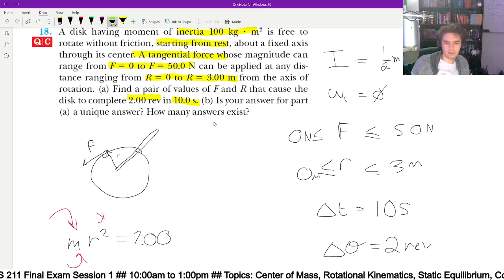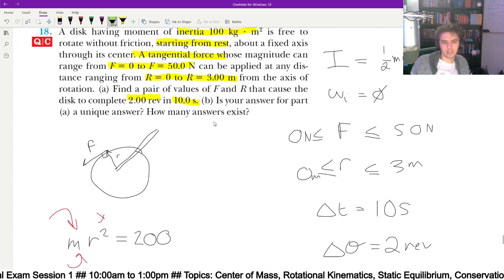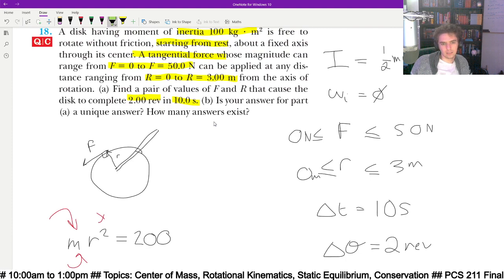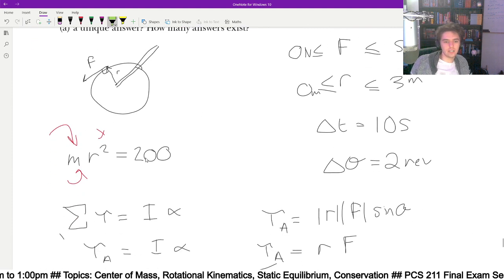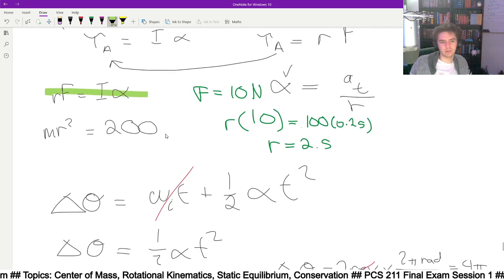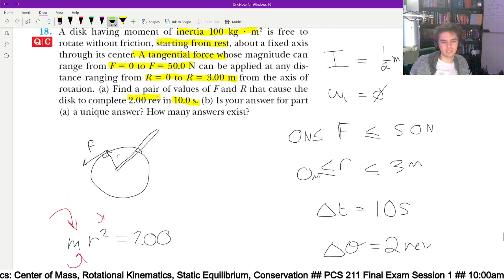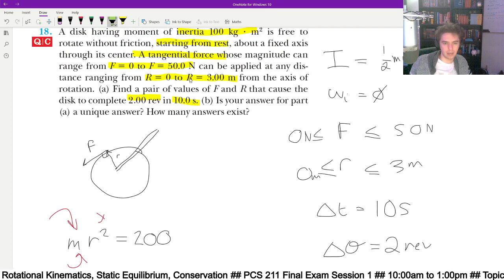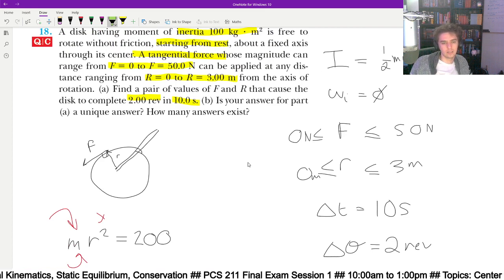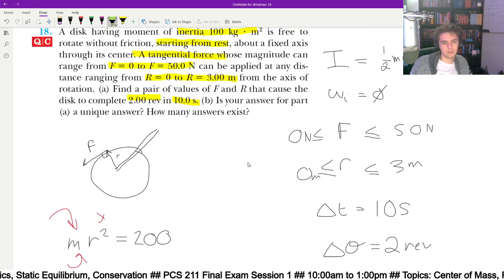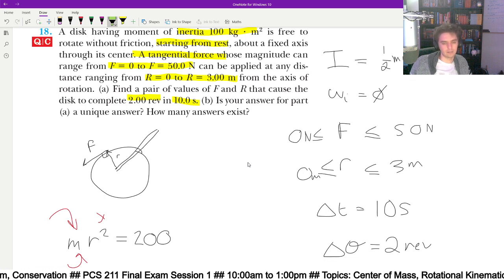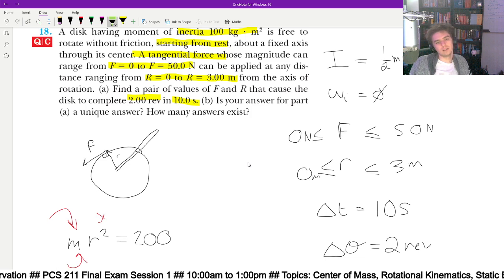Is my answer for A unique? No, it's not. There are infinite answers, so it's more like a guessing question. You work out the math first, do some arranging, and then say, I have an acceptable range, so I'll choose something in that range. Or you can do it the other way around, choosing any value from 0 to 3 for the radius. That's another way to do it.